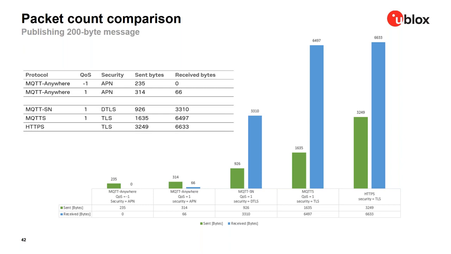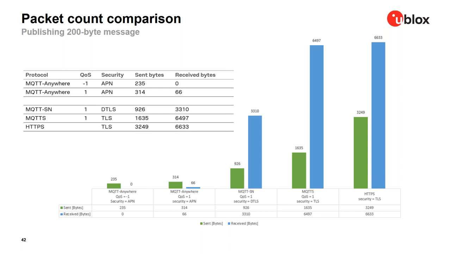Raising the quality of the service, you expect to receive some acknowledgement, so we have 66 bytes as received data. Changing to MQTT-SN with DTLS, you can now see the effect of the handshaking step of security. We got around 900 bytes sent and 3,300 received.